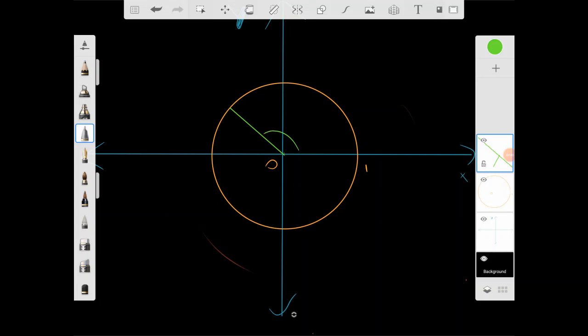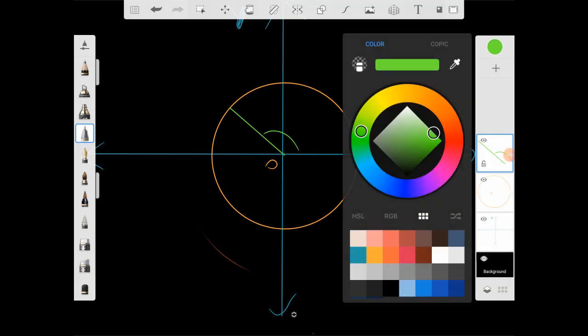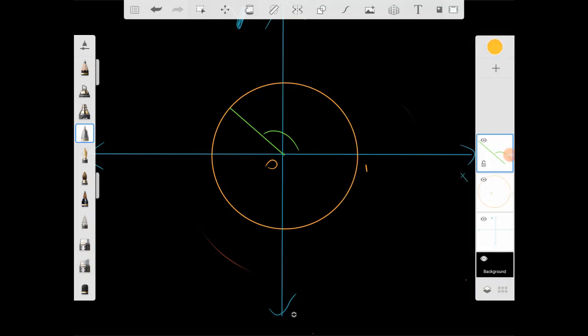Looks pretty difficult, right? Now what will be my sine and cos and tan here? Think. See, my sine is my vertical line. Vertical is positive, so my sine is positive.